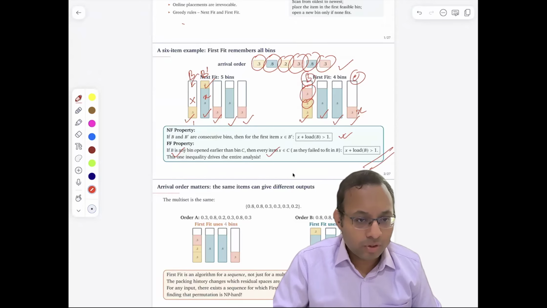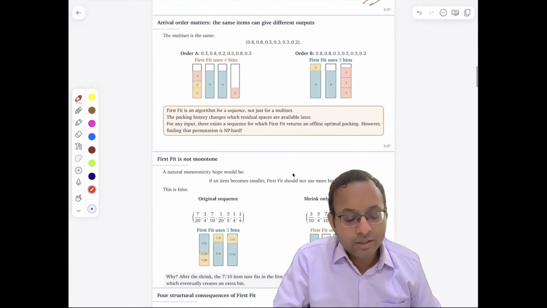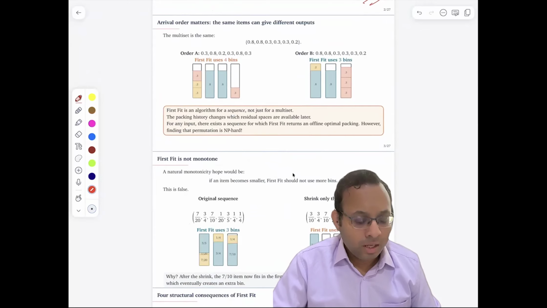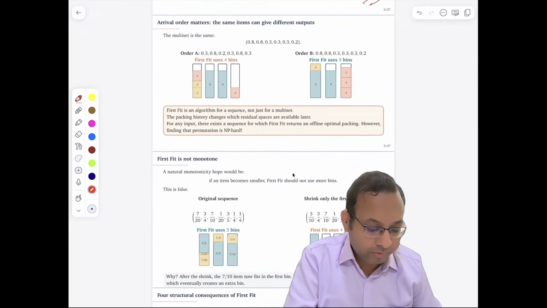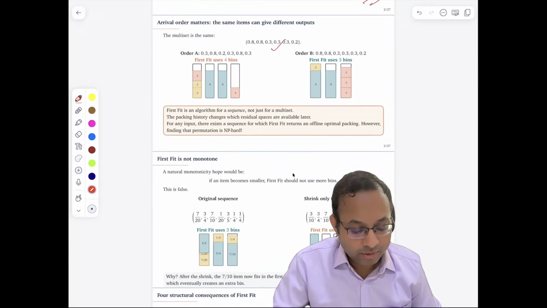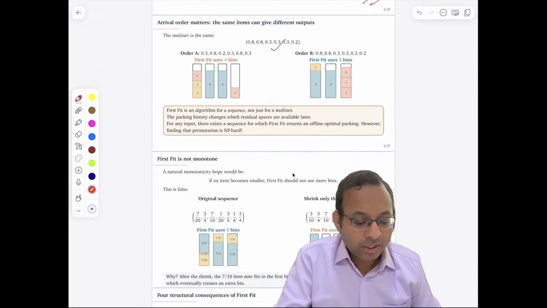Now let us spend some more time understanding this algorithm, first fit. First, the arrival order matters. For the same item set, if they have different arrival order, the number of bins returned by first fit can be quite different. So think of this example where there are 6 items, same item set, but the orderings are different.